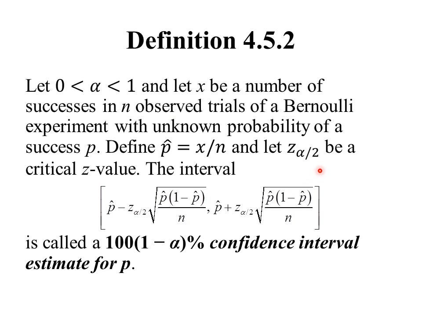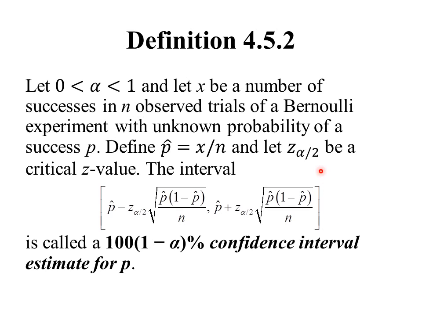And let z sub alpha divided by 2 be a critical z-value as we just defined. So then this interval here is called a 100 times 1 minus alpha percent confidence interval estimate for p.